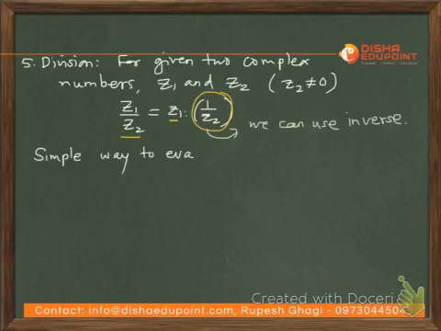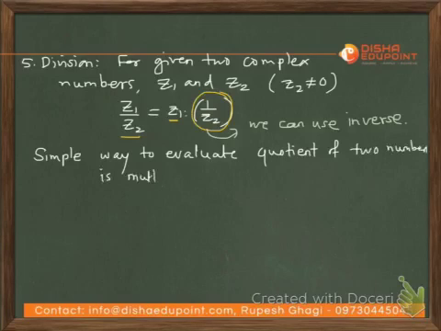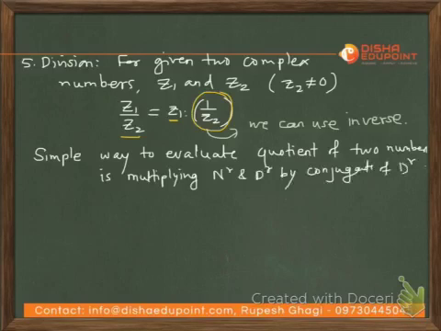A simple way to evaluate the division or the quotient is, let's say we have two numbers. The simple rule states that we can solve this by multiplying numerator and denominator by the conjugate of the denominator. Now consider this example.